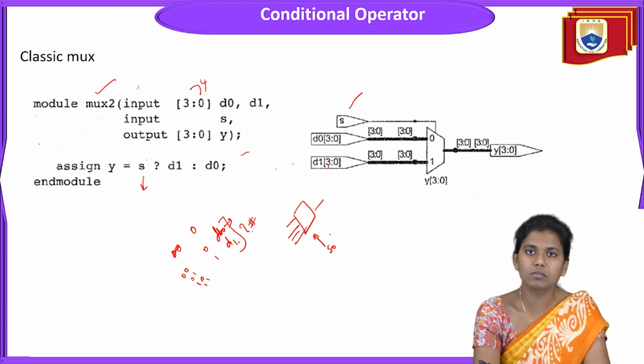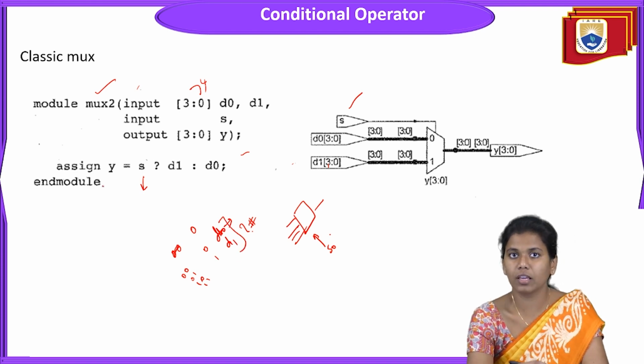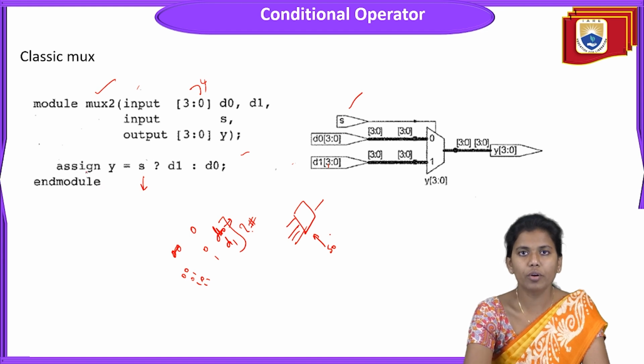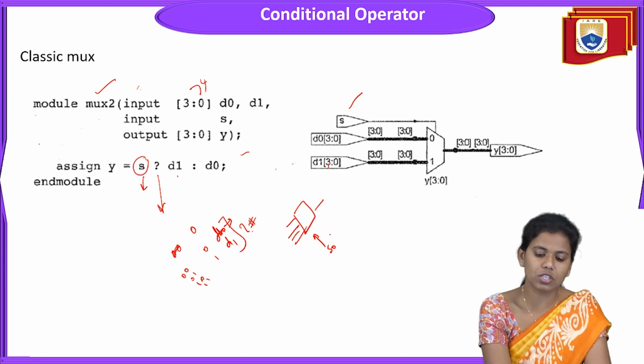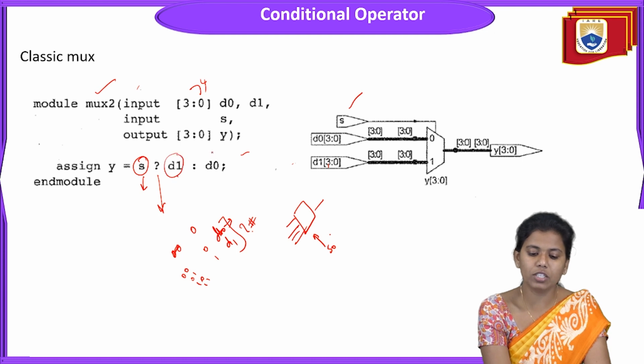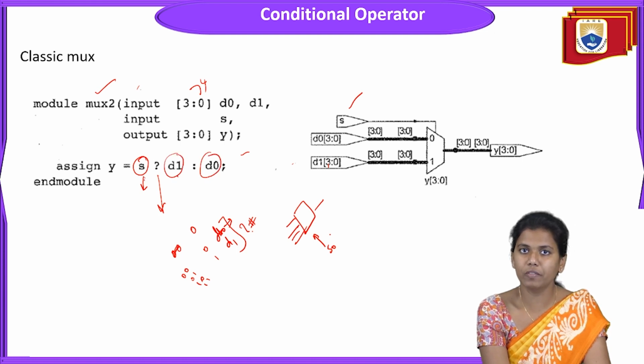So this is nothing but the operation of a multiplexer. Here in the syntax, Y is equal to S, the conditional operator, D1 colon D0. So based on the enabling of the selection lines, D1 or D0, whichever it could be, will be selected.